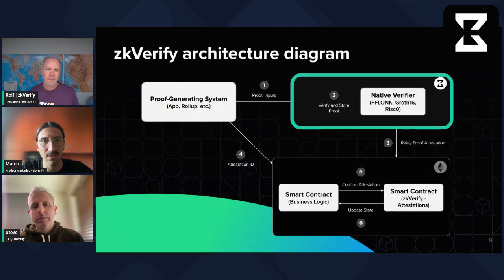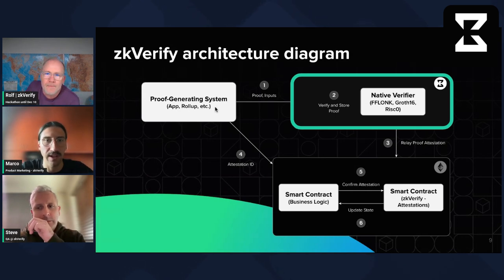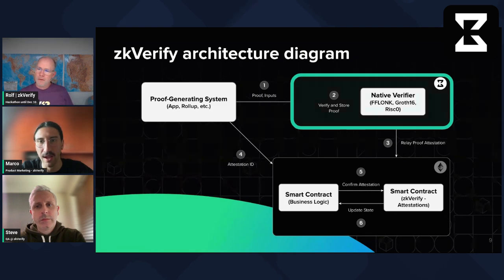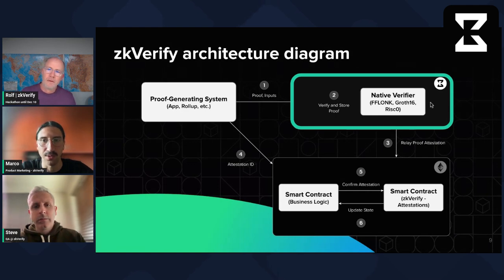If you want to have a brief look at the zkVerify architecture, we can see a proof generating system, basically the ZK app we had in the previous diagram, sending a proof along with some public inputs to the zkVerify network. And the network verifies the proof through some native verifiers, depending on the proof scheme: Fflonk, Groth16, RISC-0, but also more.